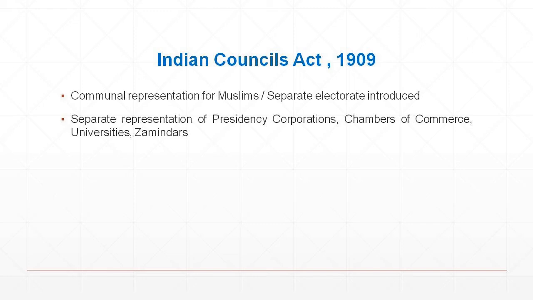But if you are from Chandigarh Corporation, you won't because you are not a presidency corporation. Chambers of Commerce, universities, and zamindars. So zamindars were again propped up by the British because they were loyal to the British. So it's all interrelated. The history, the social situation then, and how these laws are being enacted.